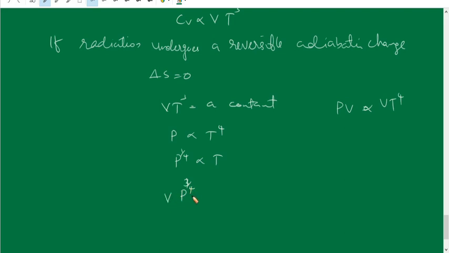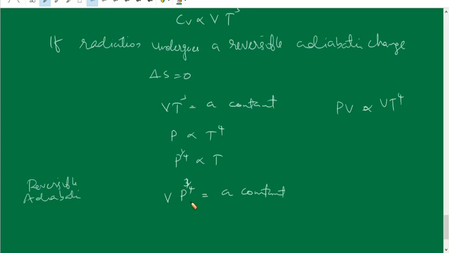P raised to 3 by 4 is a constant. So for a reversible adiabatic process, V P raised to 3 by 4 is a constant.